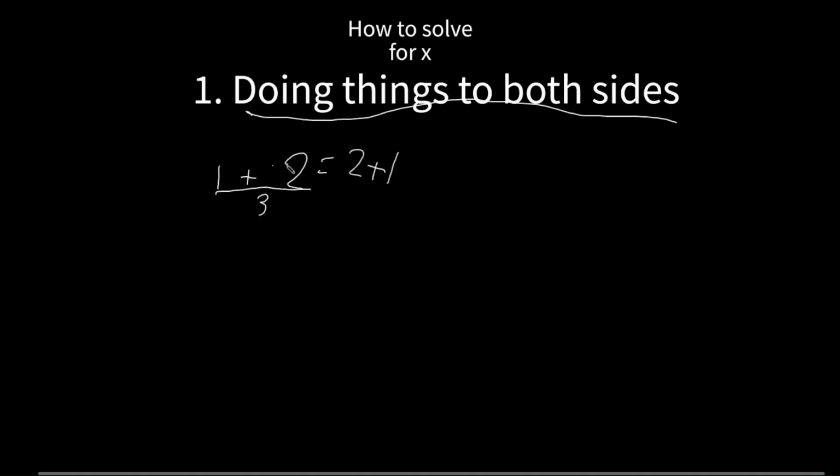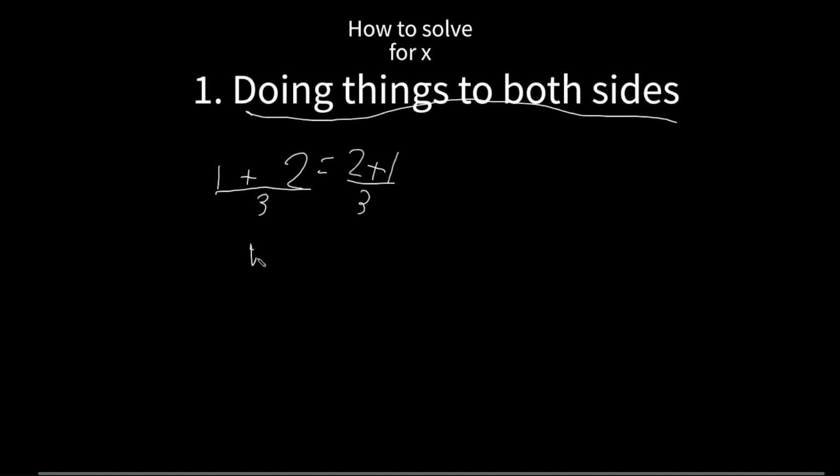Well, 1 plus 2 is 3, and 3 divided by 3 is 1. Well, 2 plus 1 is clearly not equal to what's on this side, which is 1. So how do we make these sides equal? We divide by 3.